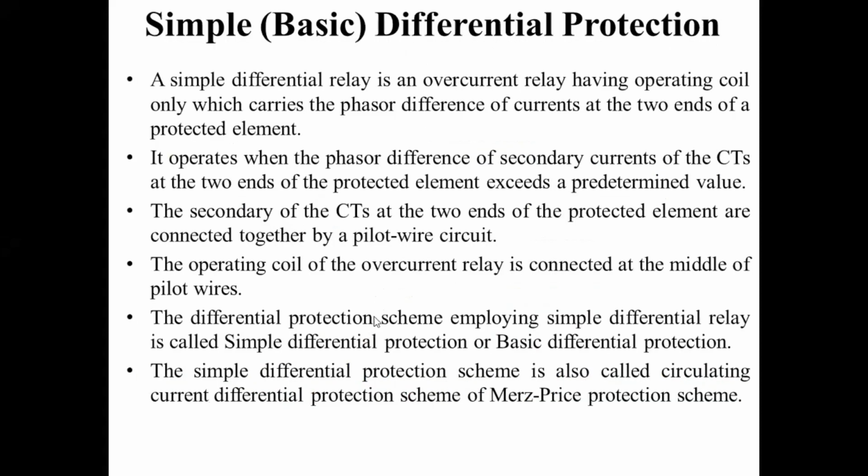This simple differential relay is an overcurrent relay. An overcurrent relay operates when the current exceeds a predetermined value that we have set. The simple differential relay works on the principle of an overcurrent relay, having an operating coil only, which carries the phasor difference of currents at the two ends of the protected element.